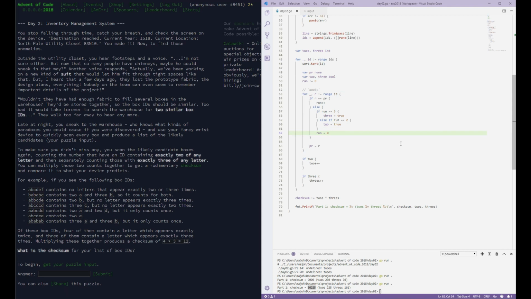And the first time around that will not be true. So increment. Okay, so I think we need to start run at 1, and then reset to 1 just for things to make sense. That's better.